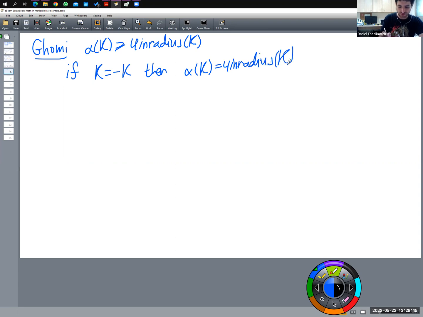Here the inradius of K is the maximal radius of a ball that is contained in K.